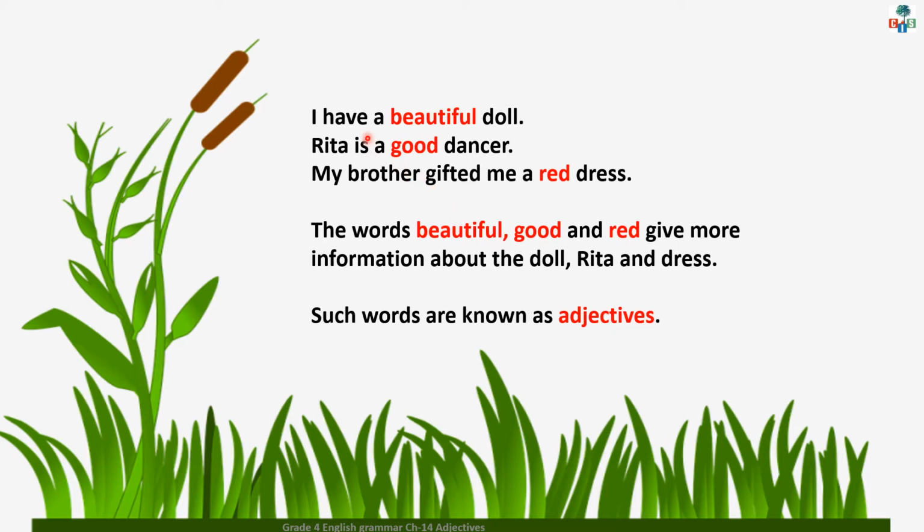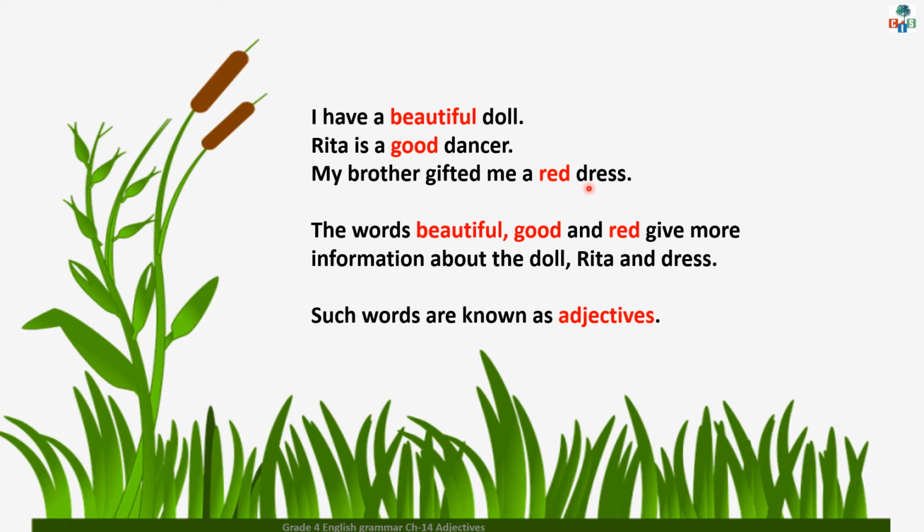See the first sentence? I have a beautiful doll. So doll is a noun in this sentence, and before this noun, an adjective is used, beautiful. Second, Rita is a good dancer. Dancer is a noun, and before this noun we have used an adjective, good. My brother gifted me a red dress.